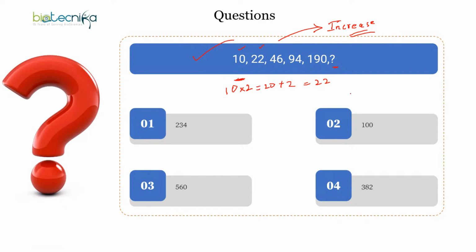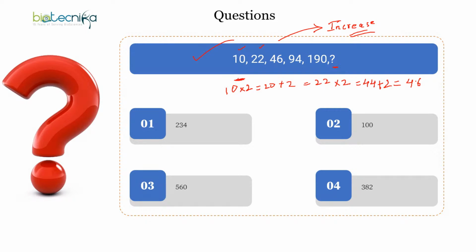Now 22, again if we multiply 2, then we will get 44, right? And 44 plus 2 is 46.